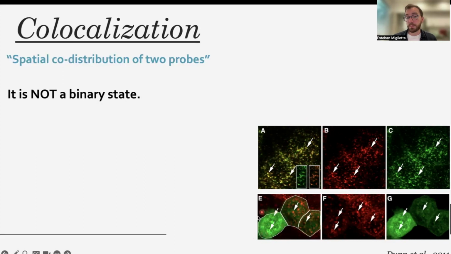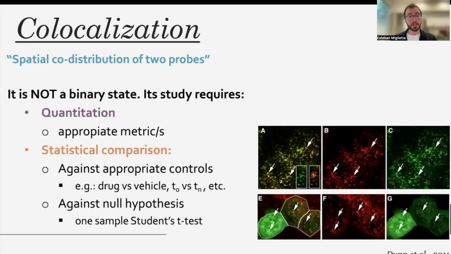But here, for example, this cell is mostly green, so we would assume there's no red fluorescent signal there, so it's not colocalizing. But when we look at the red, we see that it is there. It's just that the relative intensity levels of these two markers are different. So it is very hard, unless it's an extreme case such as this, to categorically say there is colocalization here. So we need quantitation.